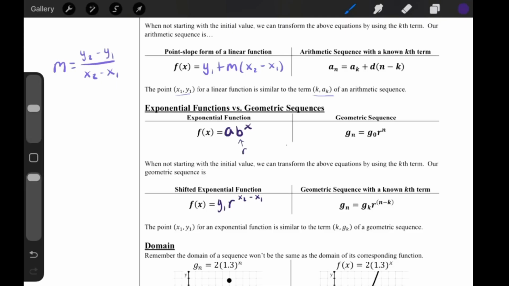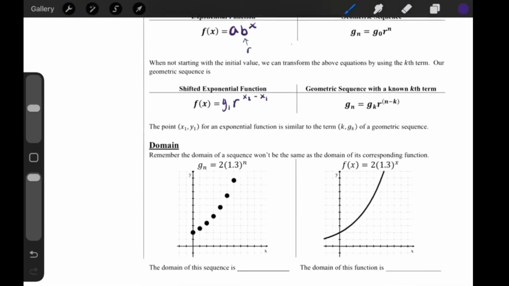Our geometric sequence with a known kth term is g of n is equal to g of k times r to the power of n minus k. The point x1, y1 for our exponential function is similar to the term k, g of k, of a geometric sequence. So these two are very similar.